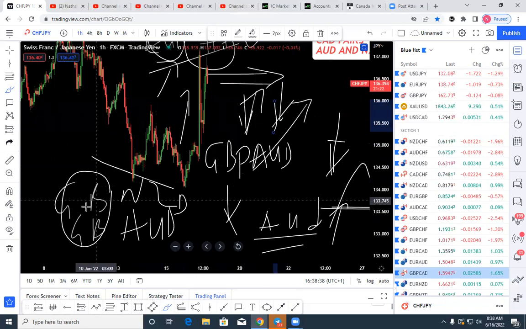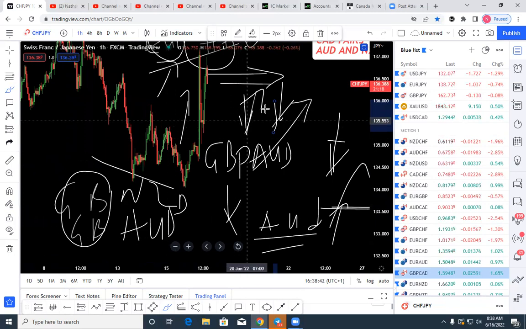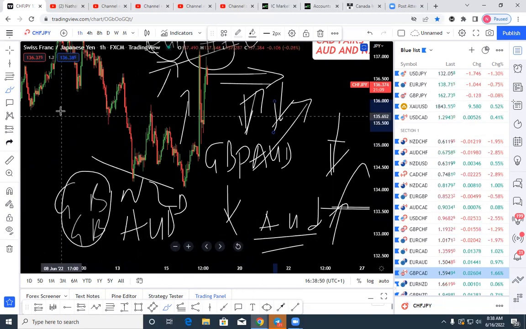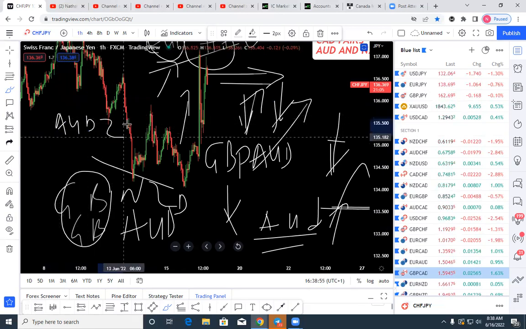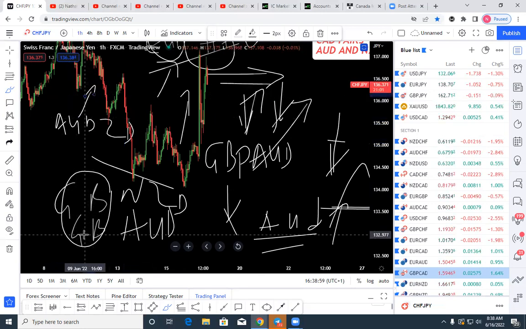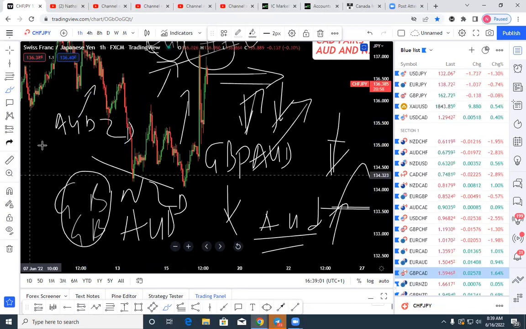So if I want to buy GBP, and I want to decide between GBP NZD and GBP AUD, let me come back. AUD NZD is to go up, okay? In that case, AUD is going up and if I want to buy GBP AUD, GBP is going up.